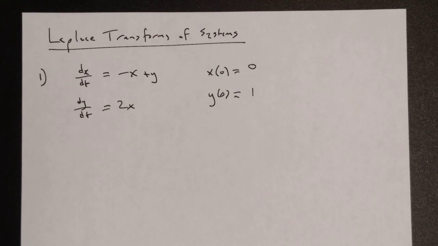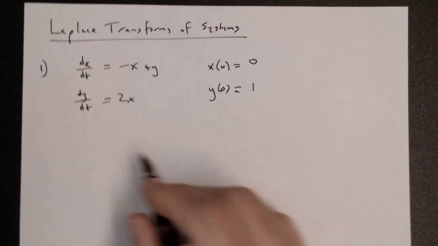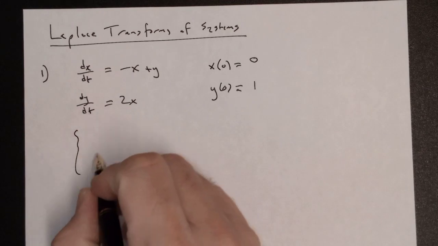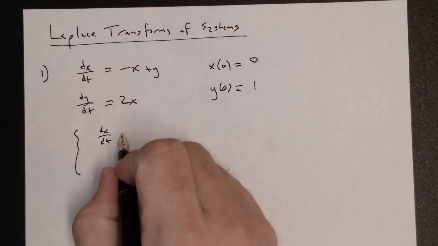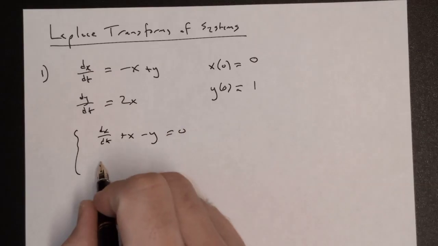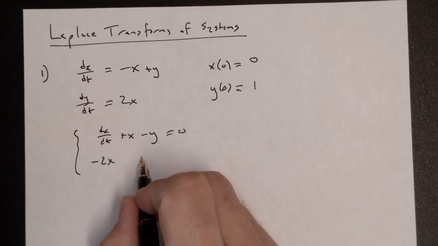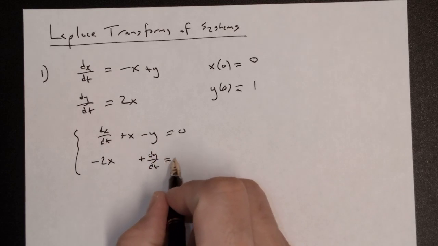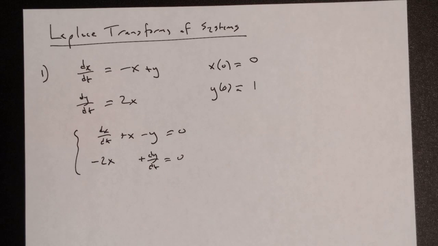So let's start by putting everything on one side of both equations, because that'll make my life easier. Now, rather than rewrite this in that D notation, I want to Laplace transform the hell out of everything.